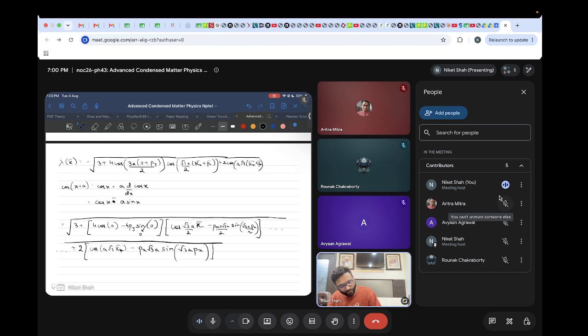Okay, so this entire thing is inside the square root. So lambda of p is equal to what?